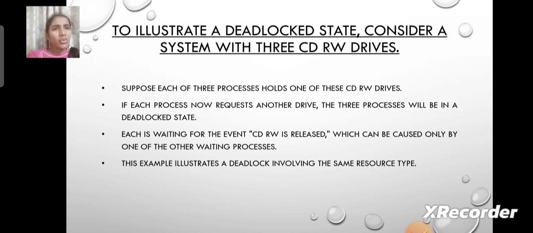Each is waiting for the event CD-RW is released, which can be caused only by one of the other waiting processes. This example illustrates a deadlock involving the same resource type.